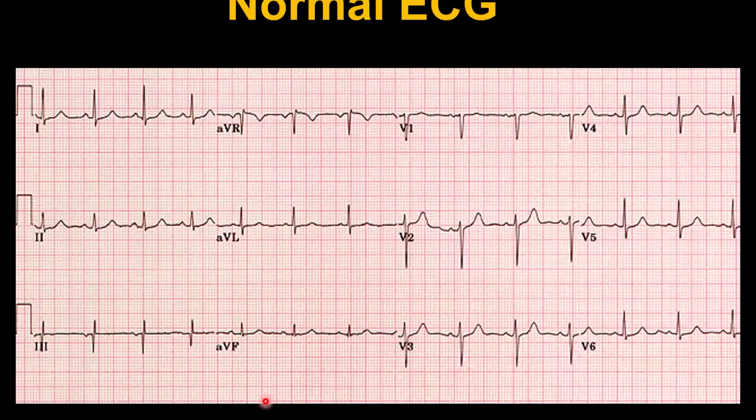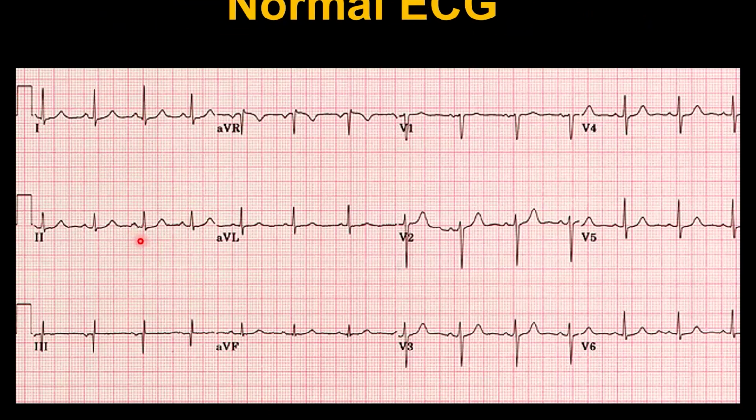So here's a normal cardiogram. The axis is normal, right? Positive here, positive here. The PR interval is a little bit less than one large box, less than 200 milliseconds.